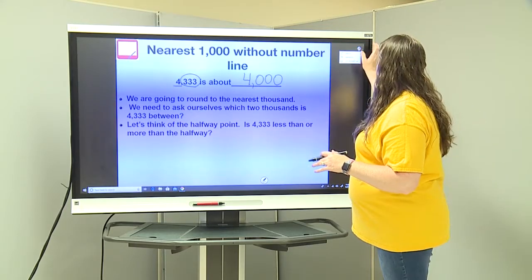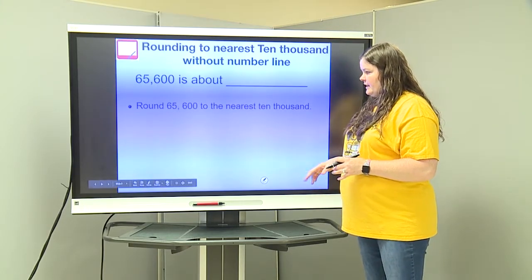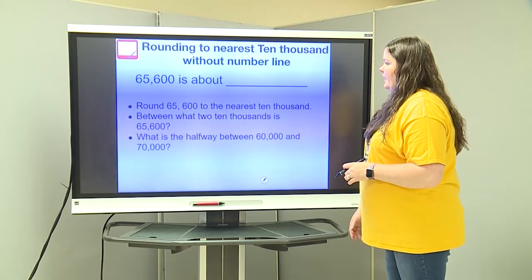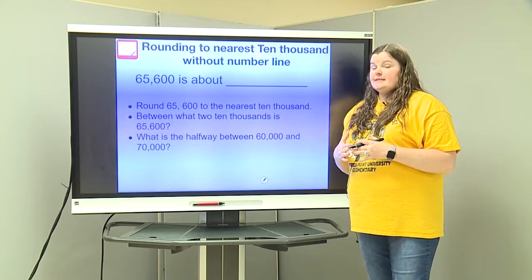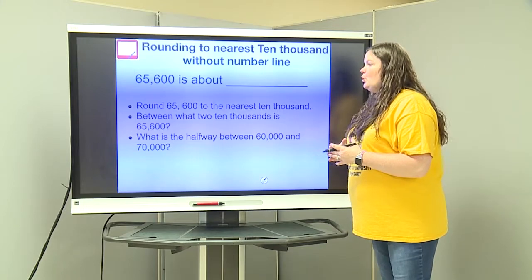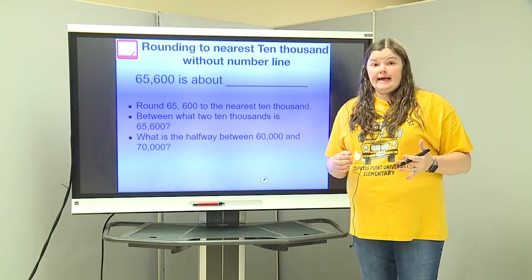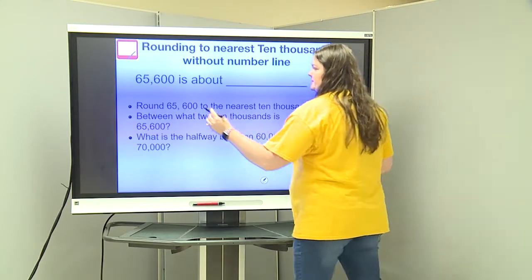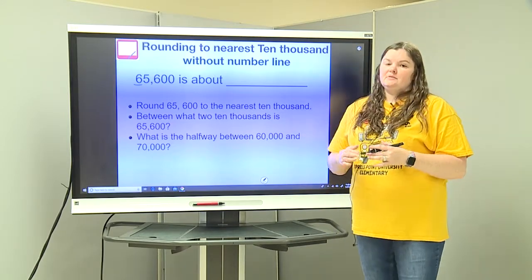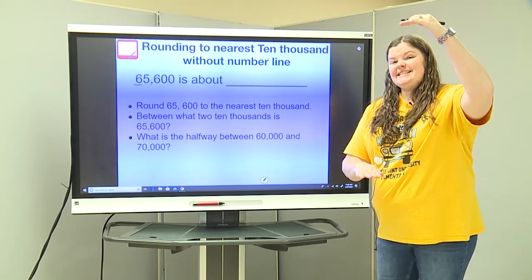So let's do some more. This time we're going to round to the nearest 10,000. 65,600 is about blank. We need to visualize what our vertical number line would look like. If we're rounding to the nearest 10,000s, I need to be looking at that 6. So my bottom 10,000 would be 60,000, and my top 10,000 would be 70,000.